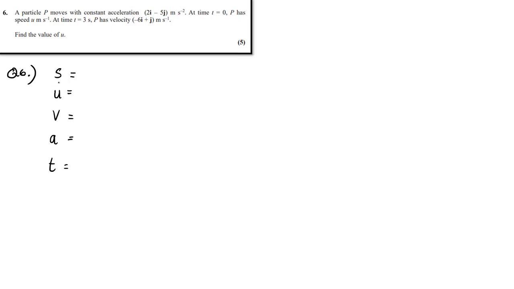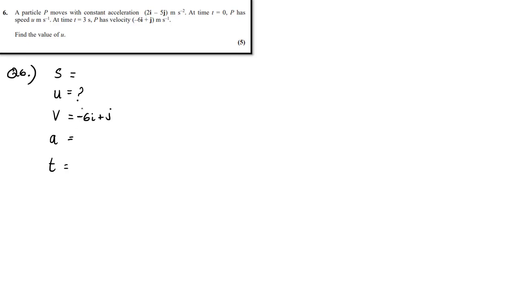We don't know the displacement of this particle P, so we leave S blank. U is what we're looking to find, so I'm going to put a question mark there to note that. V is our final velocity, which is given at time t equals 3 seconds. So V is going to be minus 6i plus j.